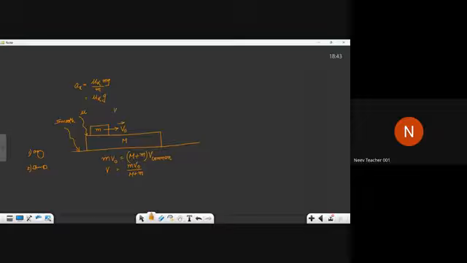We have Vx equals Vx naught plus Ax into t from our pages of kinematics. So Vx at any time t is equal to V naught minus mu k g into t. This is for small m.